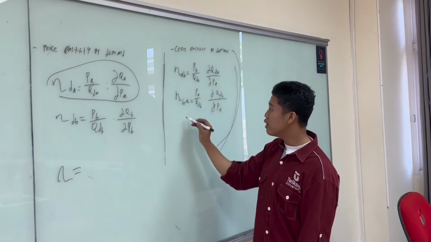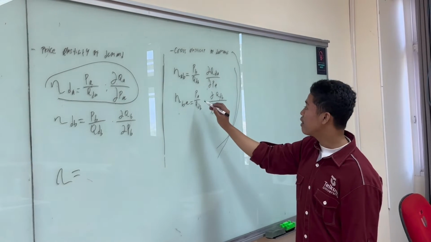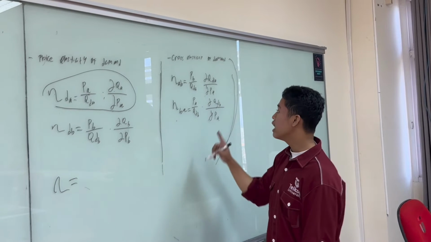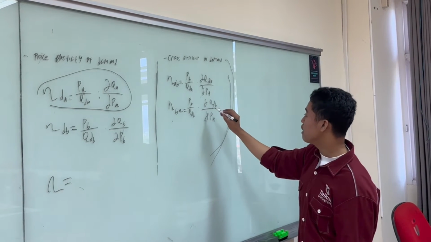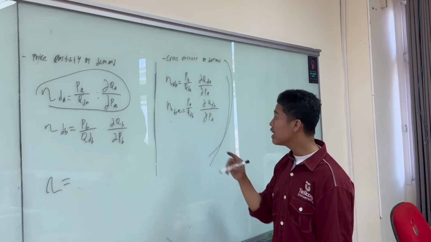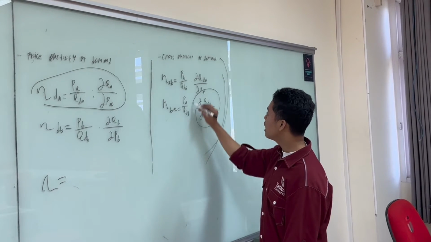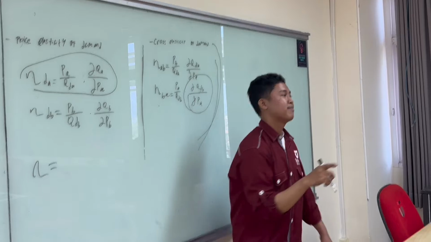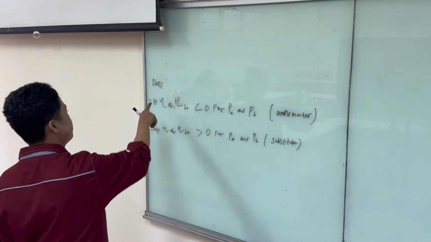But for nu BA, it is price A divided by quantity demand B, multiplied by the derivative of quantity demand B divided by the derivative of price A. So guys, this is the formula.